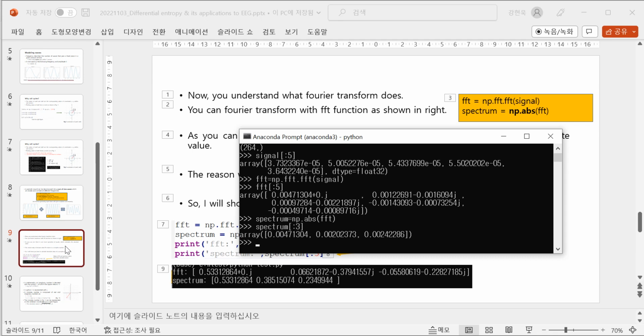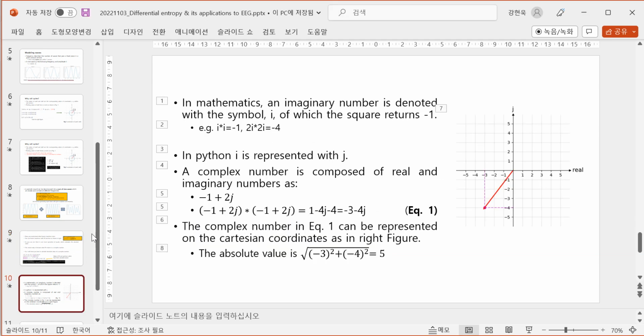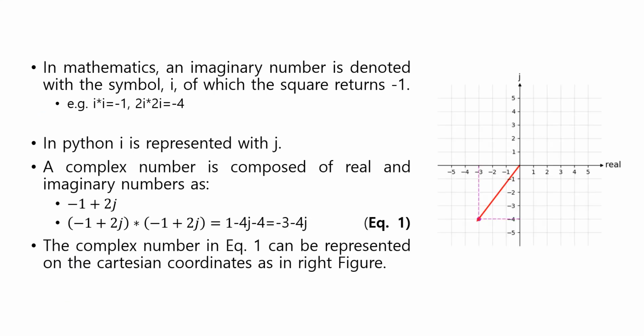Going back to where I was explaining the imaginary number: this vertical axis represents the imaginary number, and this horizontal line represents the real number.